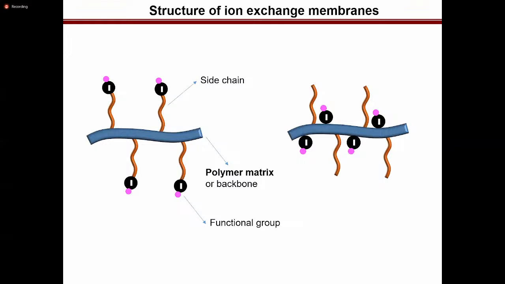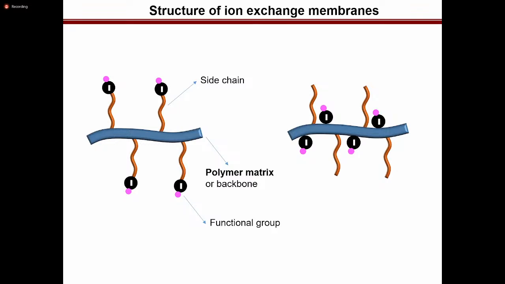So it is very important. Changing the structure of this backbone and the side chain completely changes the properties of the membranes. So that's what we basically look into. And we also change the type of these functional groups. These functional groups can be carboxylic, sulfonic, amine functional groups, and so on.